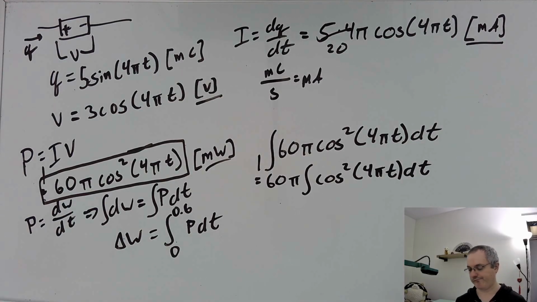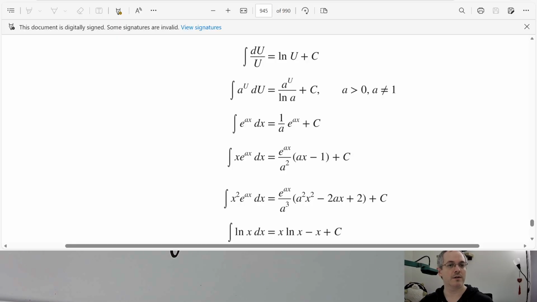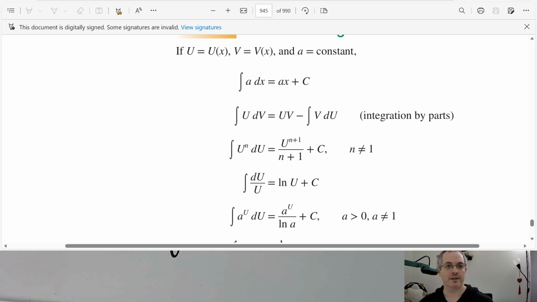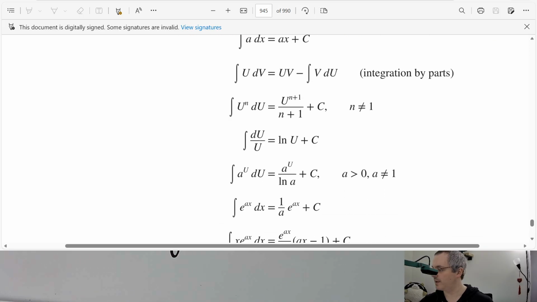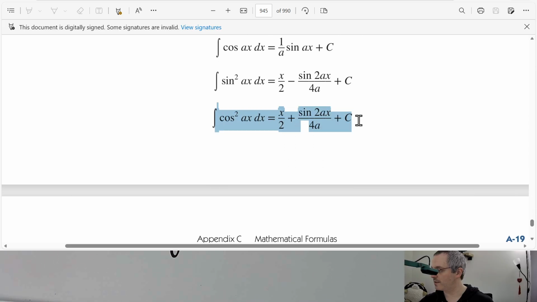Now, I don't know what that is, but I think the textbook that I'm pulling these from has a section where they give you some integrals. Yeah, indefinite integrals. Let me see, can I share this? Yeah, there we go. So I'm just on the indefinite integrals. We're just looking for cosine squared. Okay, so cosine squared right here.